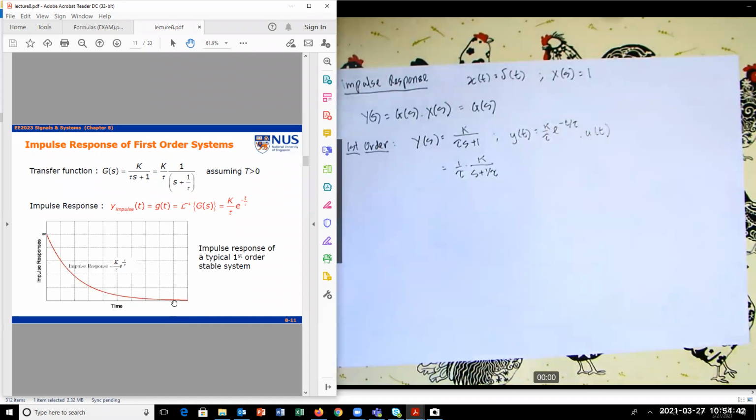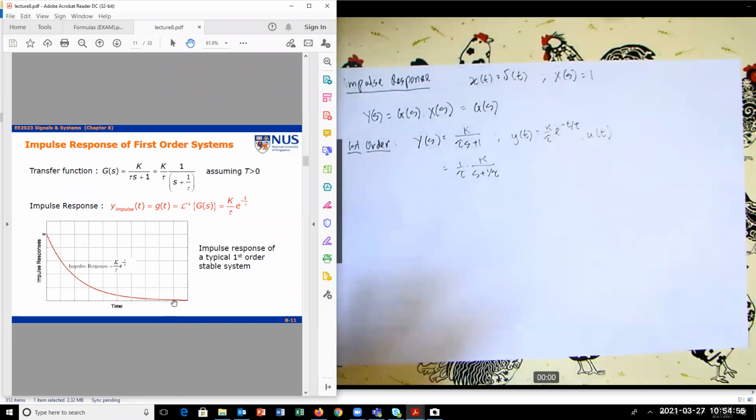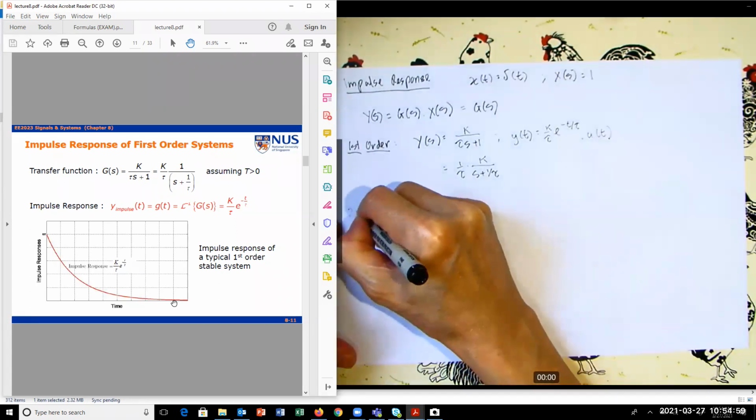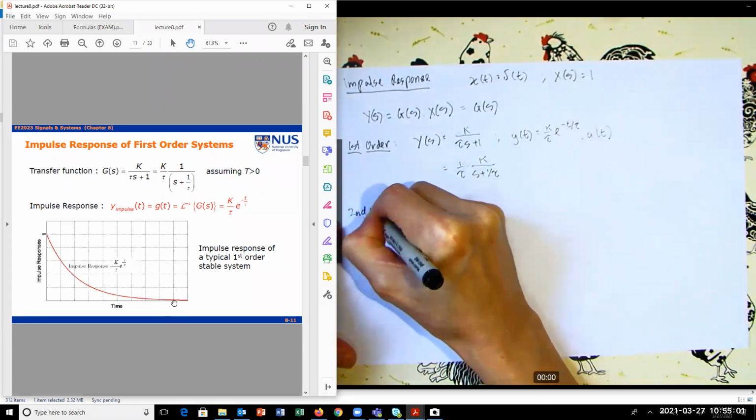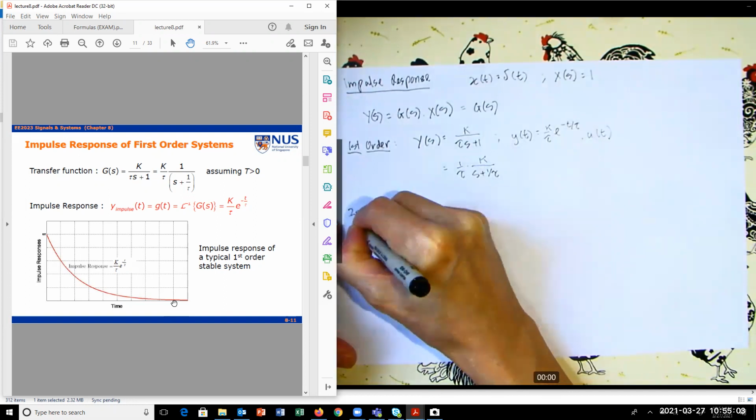Step 2, you get the Laplace. Step 3, you do the partial fractions to find the capital A's. And step 4 is to do the inverse Laplace. I won't go through the whole detailed derivation, just to summarize it for you. In the second order, you do the same thing.